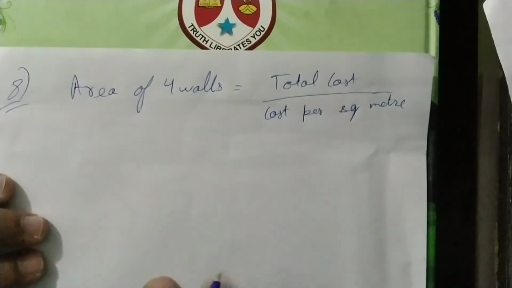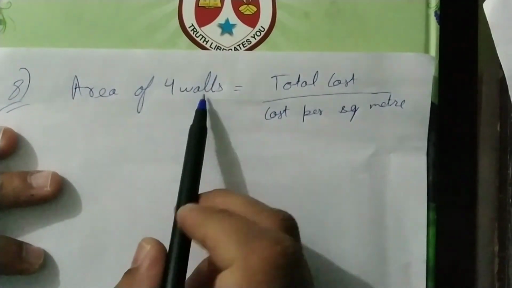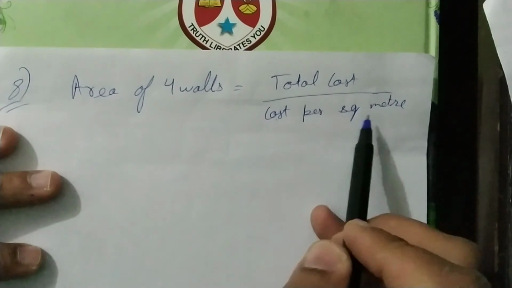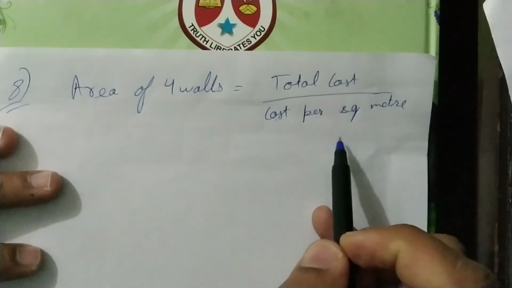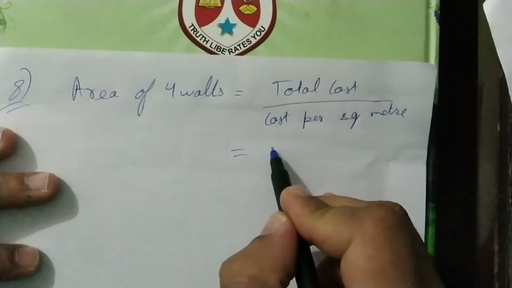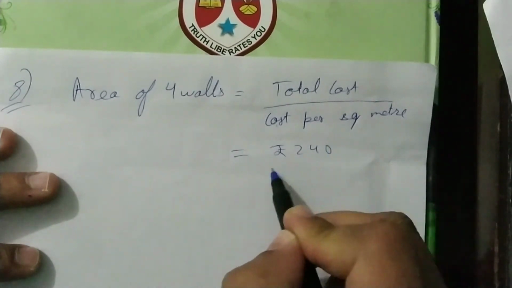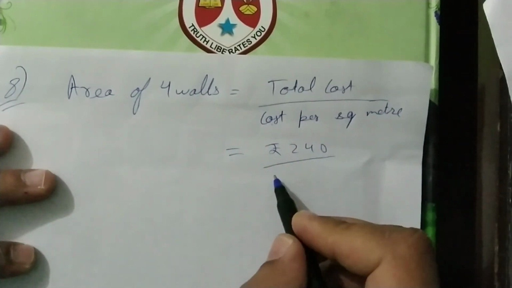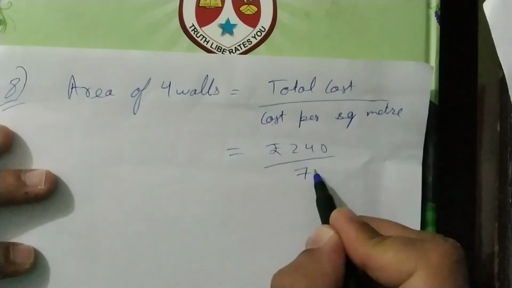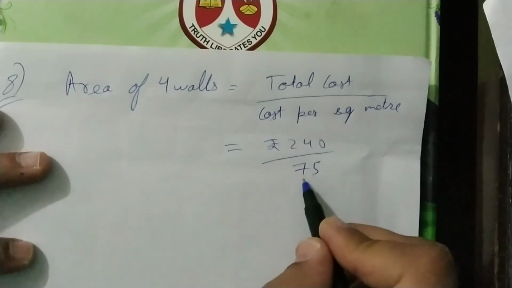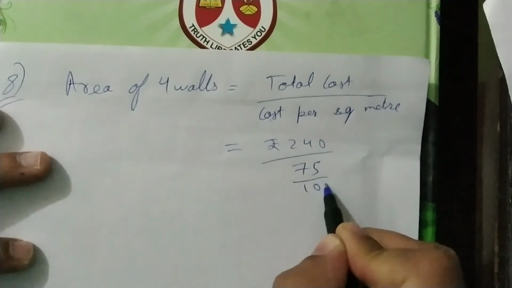Okay students, what will be the area of 4 walls? The total cost divided by rate, that is cost per square meter. So total cost is given in the question, rupees 240, and the rate is given in paise, that is 75 paise. When we change it into rupees, this will become 75 upon 100.